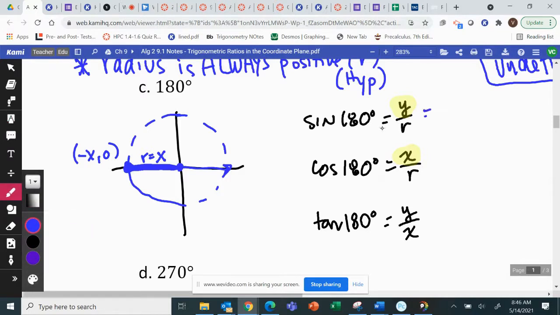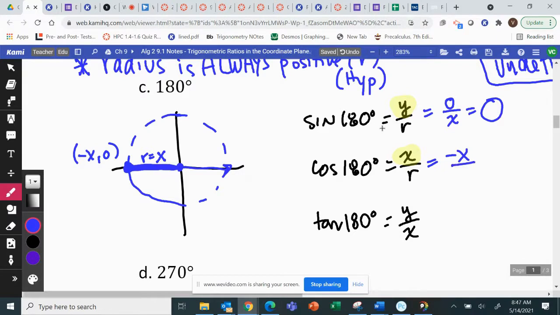Okay, so we're going to do the sine at 180 degrees. The sine is y, which is 0 over the radius, and it doesn't even matter what I write at that point, because if it's 0 over something, what is it going to be? 0. It is 0 over x if that matters. The cosine is x over r. My x value is negative x. That's in the x spot, negative x in the ordered pair.